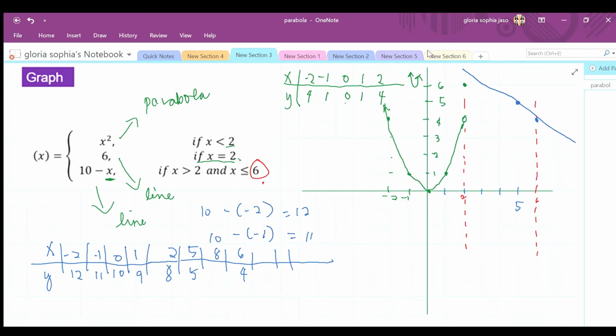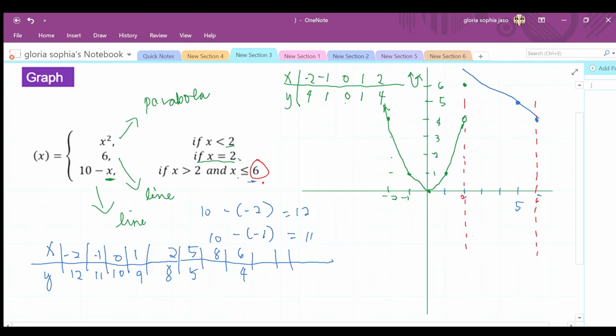And then, tanggalin natin yung excess. So, ang excess lang niya, dapat hanggang dito lang siya sa 6. So, erase natin yung excess. Ayan. So, dito, sa endpoint natin, kasama ba o hindi si 6?